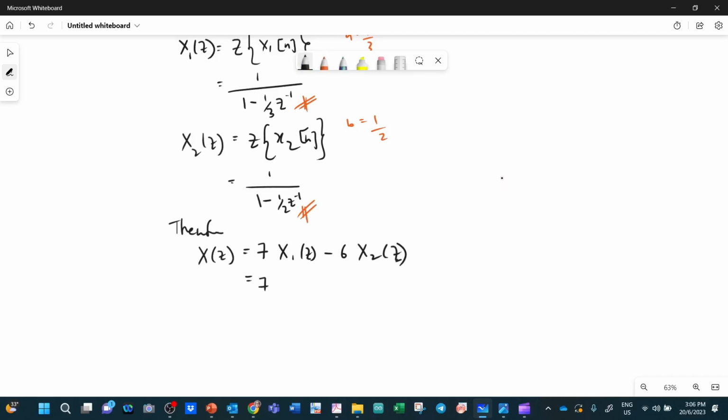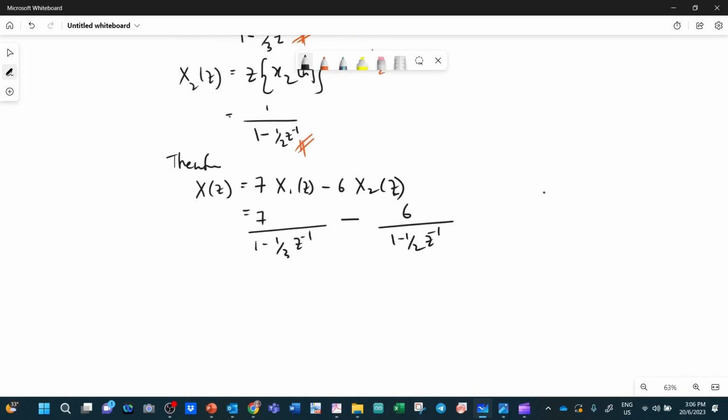So you have 7 over 1 minus (1/3) z inverse, minus 6 over 1 minus (1/2) z inverse. The question is to find the Z transform, so we cannot leave the equation like this in terms of z inverse. So we are going to multiply, for easy calculation, both sides with z over z.